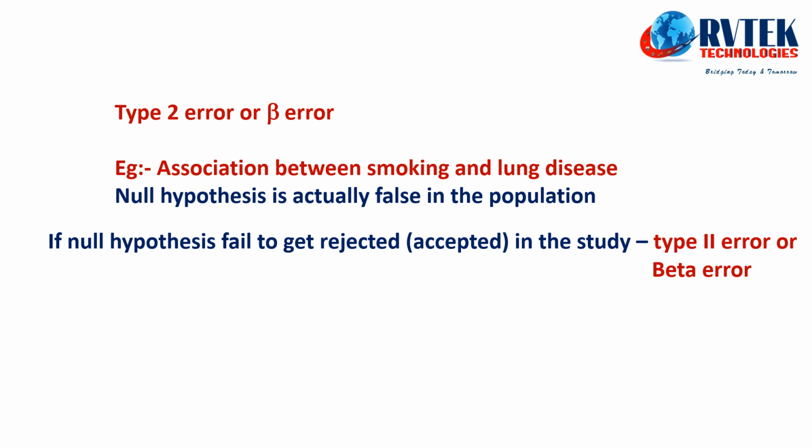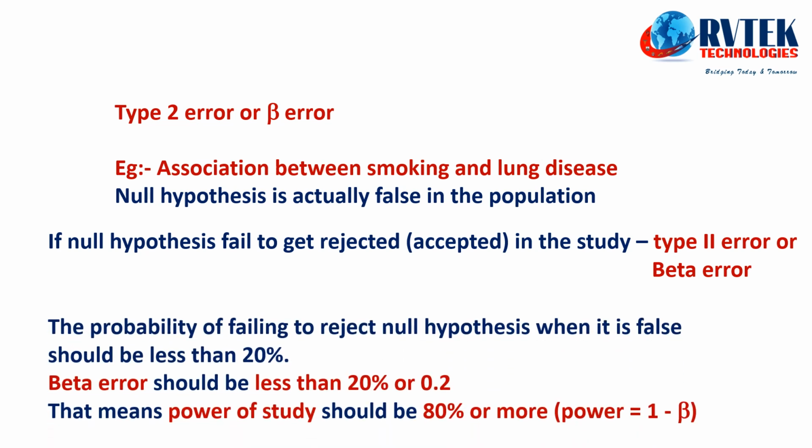Then it is known as type 2 error or beta error. The probability of failing to reject the null hypothesis when it is false in the population is known as beta error.